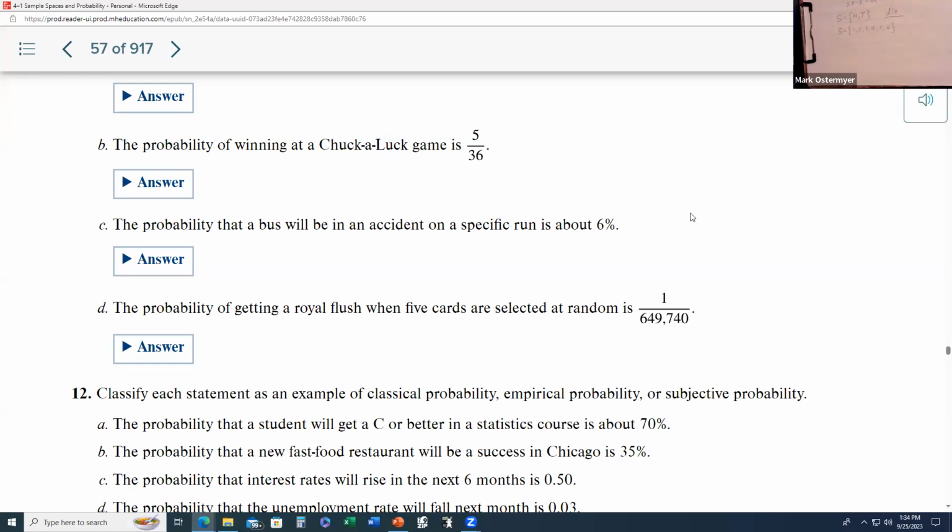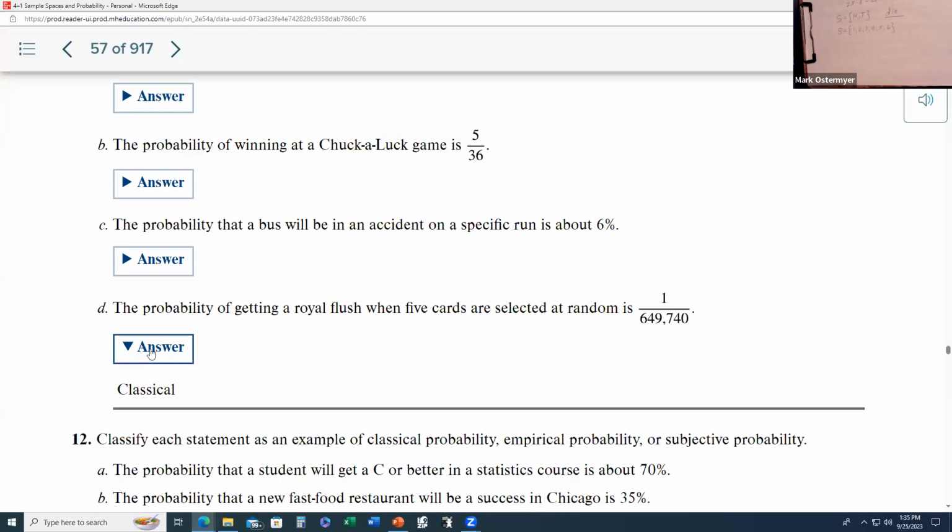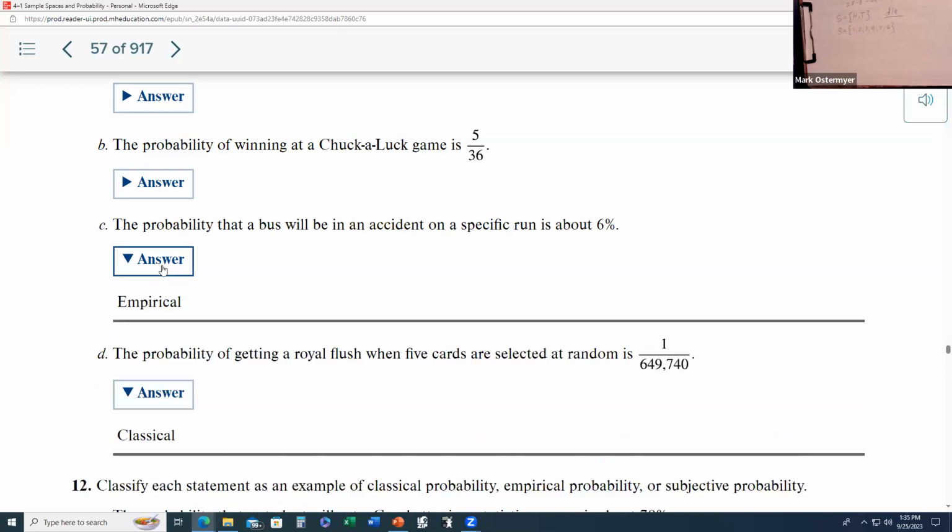Based on the number of observances, how many buses got into an actual accident. Yeah, that's relative frequency. That's the empirical way of computing the probability. I don't think this is an equal likelihood. We would sincerely like to think it's not. Do you agree? Chance of getting into an accident is 50-50. That's no good. I wouldn't want to be in that vehicle. This is probably empirical. No, I selected the wrong one. Excuse me. Yeah, it's empirical.